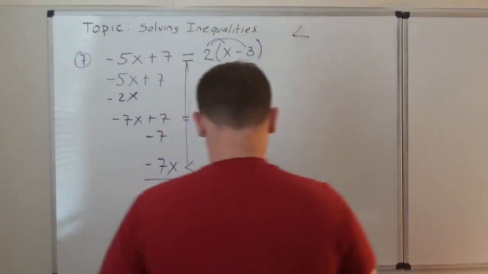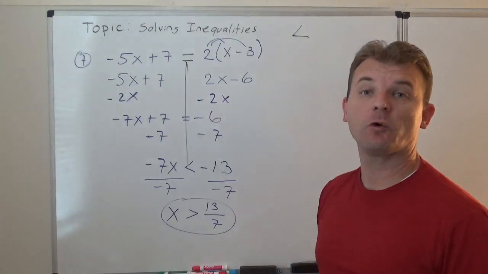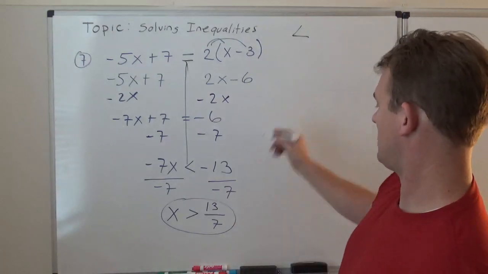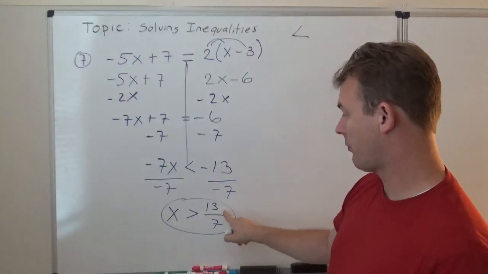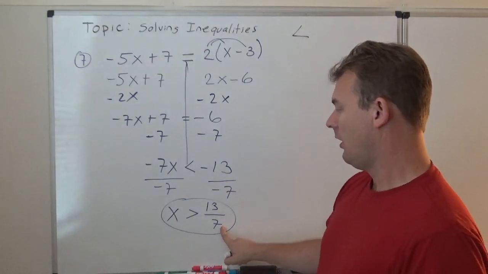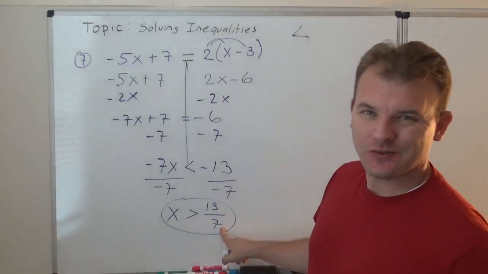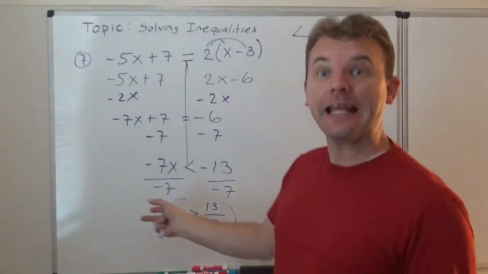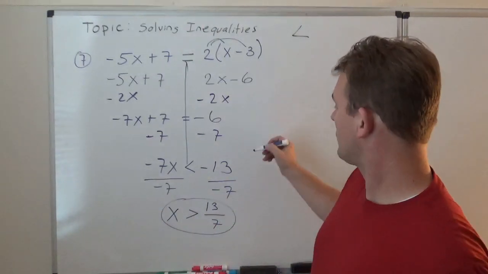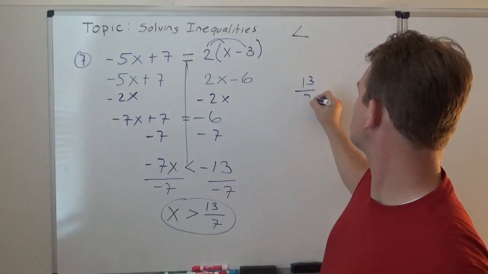Please write this in interval notation. So it's x is greater than 13 over 7. What's greater than 13 over 7? Well, we don't need to do that because we already know what we're doing. We can't have anything negative. So you're going to go like this. I would go 13 over 7.